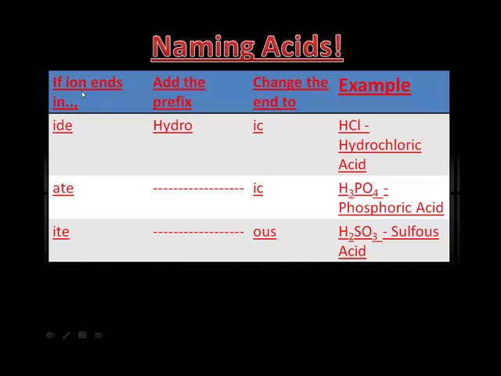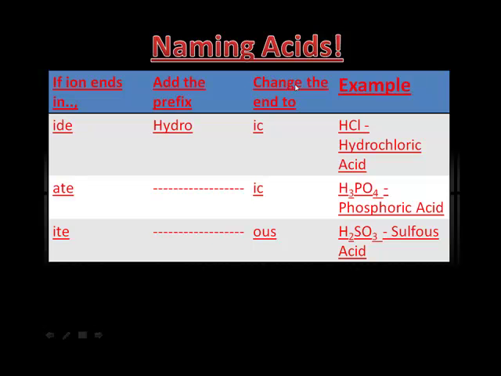When it says "if the ion ends in," what that means is if you look at your chemical formula, so we'll use this one first, HCl. If the negative piece would have an IDE ending, we would name this hydrogen chloride. Okay, if you don't know why it's chloride, please come and ask one of us to help you with that.